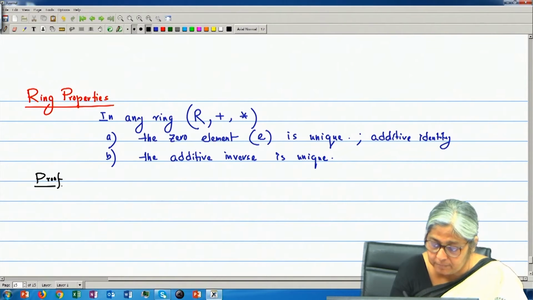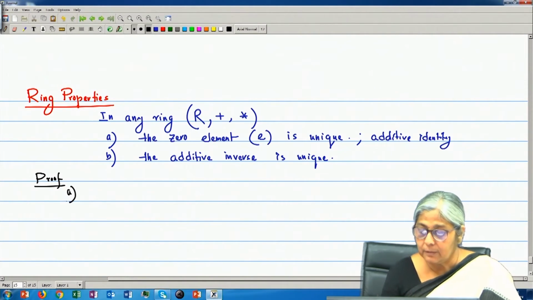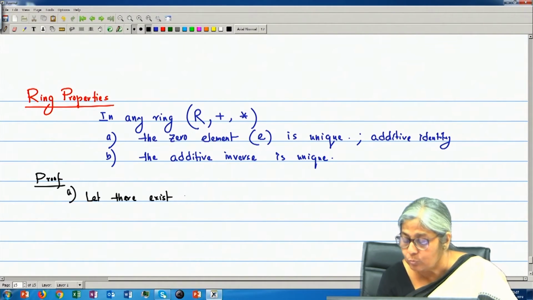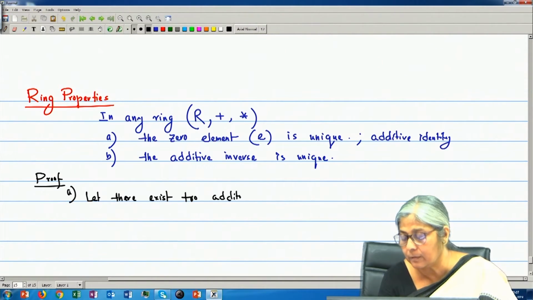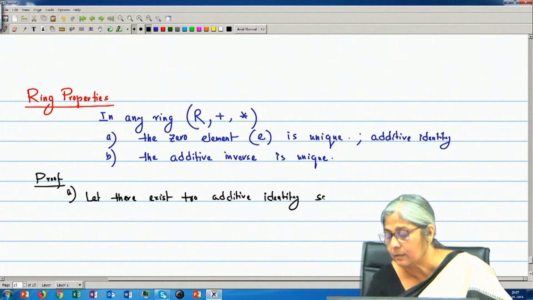The proof is very simple. So, for the a part, let there exist two additive identities, say e1 and e2.